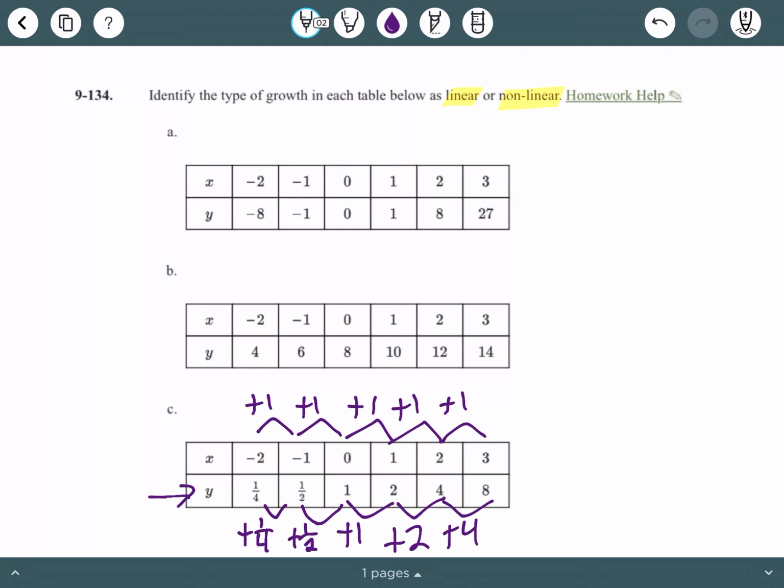In this case, though, our output values, which are what we have for y here, are still not growing by the same amount. So this is not going to make a straight line if we were to graph it. Same with A, which was nonlinear. So this is an example of nonlinear growth.